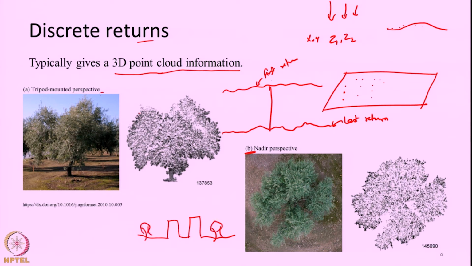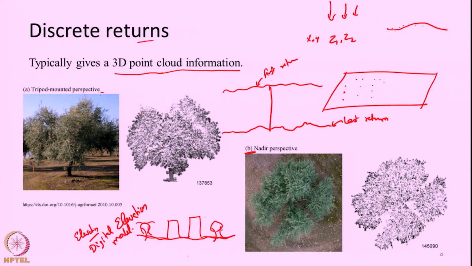Okay. So if I have all the first returns and last returns, then I can create an elevation layer, what you call a digital elevation model, which will tell me the elevation of my bare earth with respect to some datum, or the elevation of my entire topography including the trees, buildings and so on.